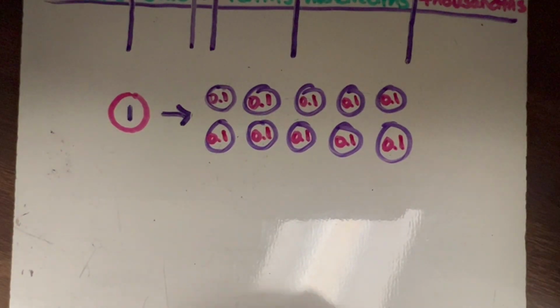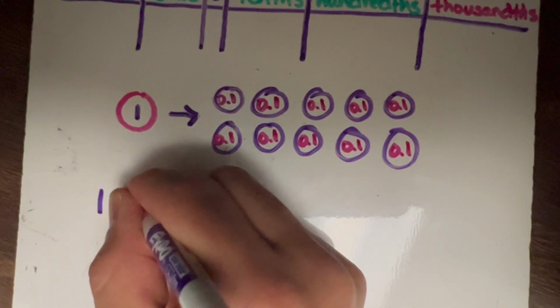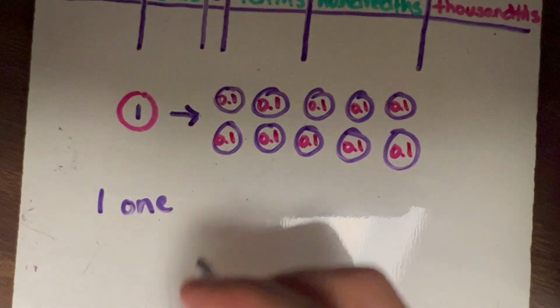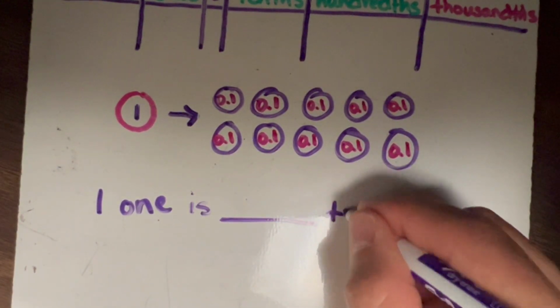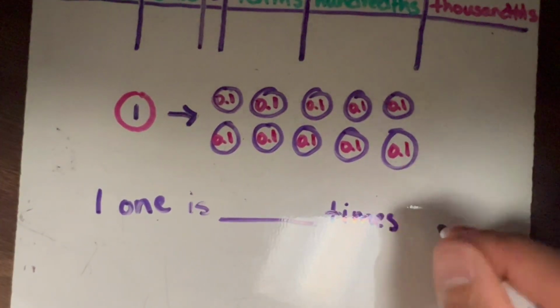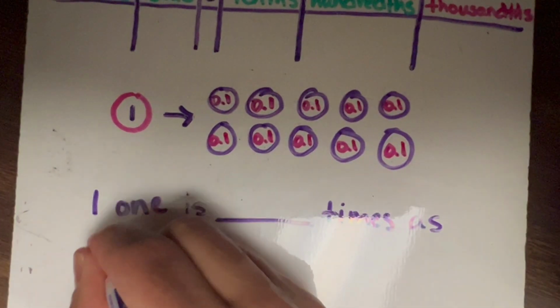Then what you're going to do is you're going to write underneath it 1, which you see right here, is blank times as much as 1/10.